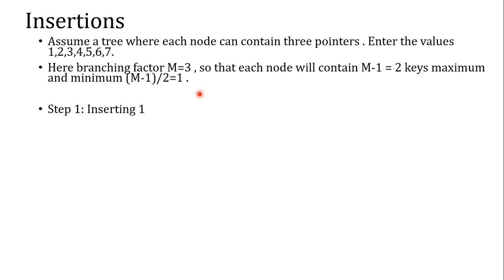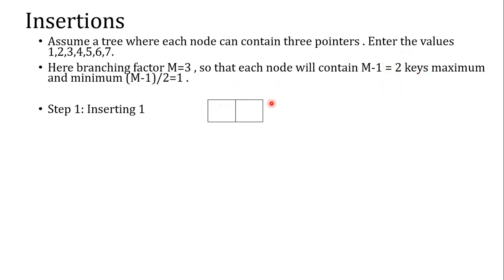As we say that our maximum keys can be 2, there should be 2 separated fields or keys here so that we can insert 2 data items, because the maximum value is 2.